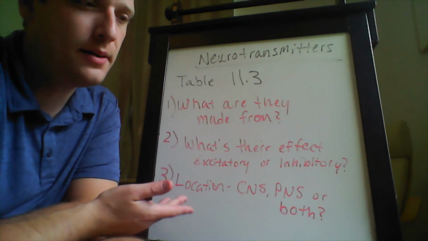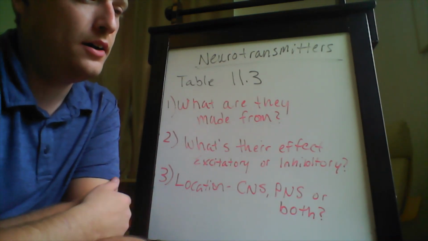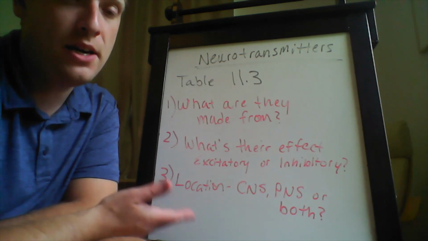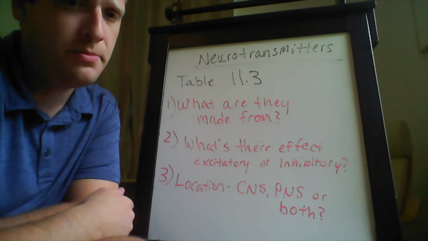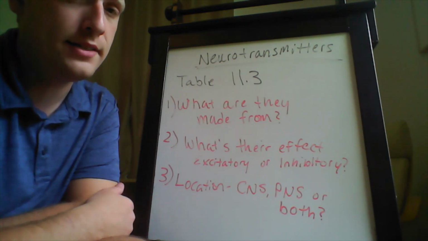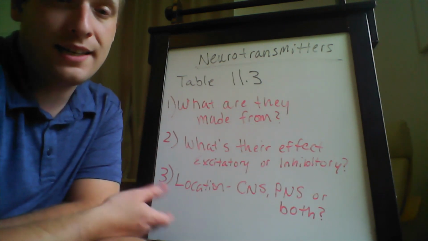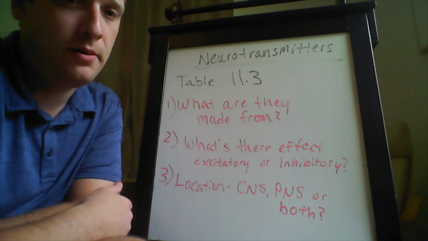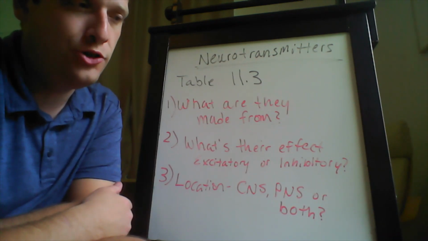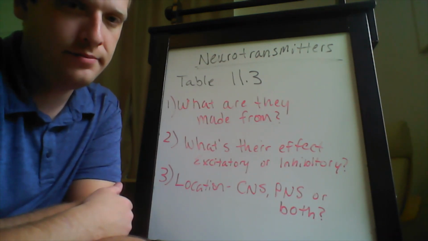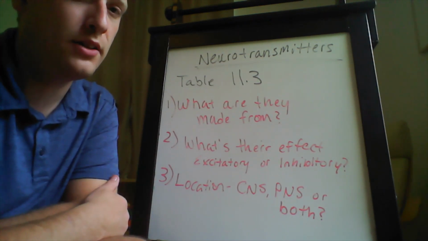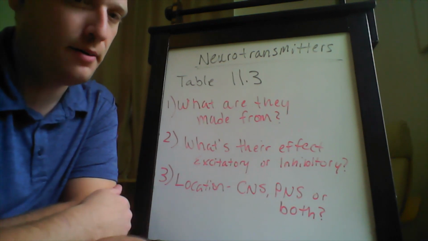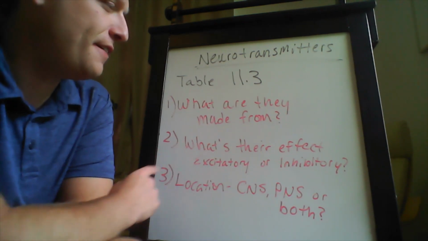There are types of neurotransmitters where the precursor is amino acids, for example. A large number of neurotransmitters are made from amino acids. Others, like acetylcholine, are made from acetyl-CoA joined with the molecule choline, hence the name acetylcholine. So I'd like you to know generally what the neurotransmitters are, what they're made from, and what their effect is.